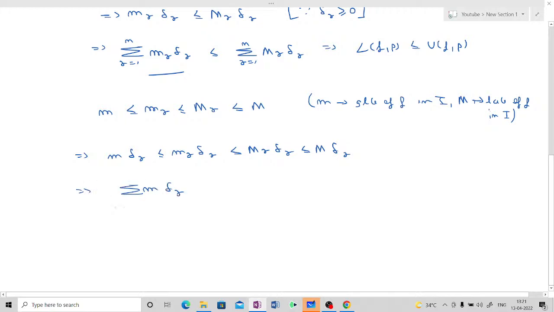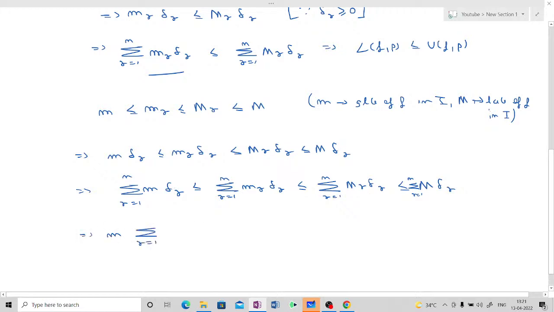So summation of m times delta r from r equals 1 to n is less than or equal to summation r equals 1 to n of small m_r times delta r, further less than or equal to summation r equals 1 to n of capital M_r times delta r, right? Now since over the complete interval for the function small m and capital M come out to be constant, we can take them out like this, right?